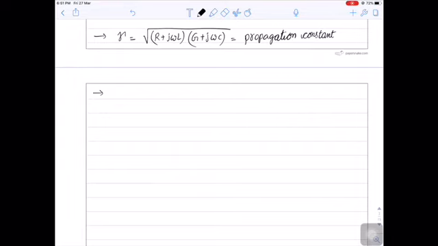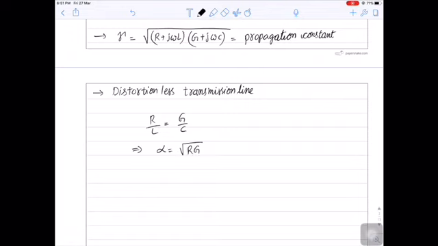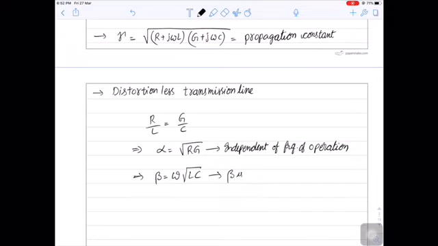So, let us talk about the distortionless transmission line. In a distortionless transmission line, R/L = G/C, which implies the value of α comes as √(RG), which is completely independent of the frequency of operation, whereas the value of β, the phase constant, is equal to ω√(LC). Here β is linearly dependent on the frequency of operation.